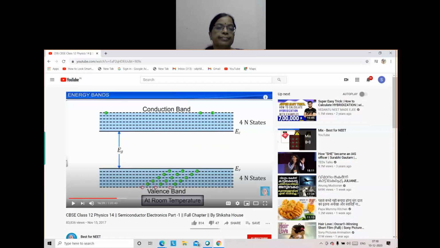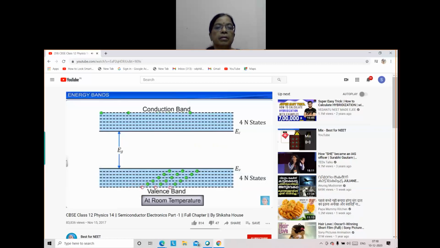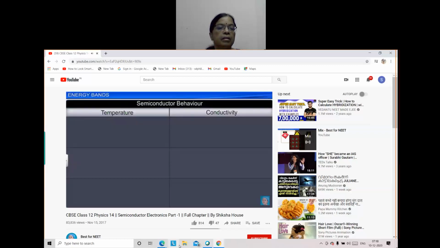And this is the reason why a semiconductor displays higher conductivity at higher temperatures. However, as the temperature decreases, we find that there are fewer electrons in the conduction band than at higher temperatures, and hence conductivity decreases.